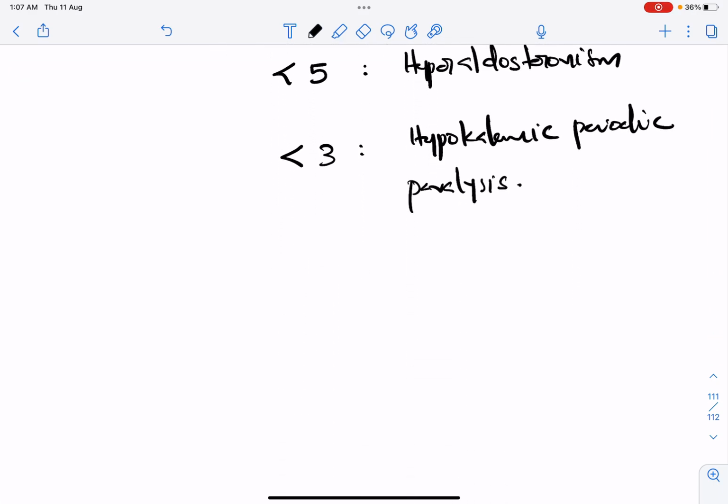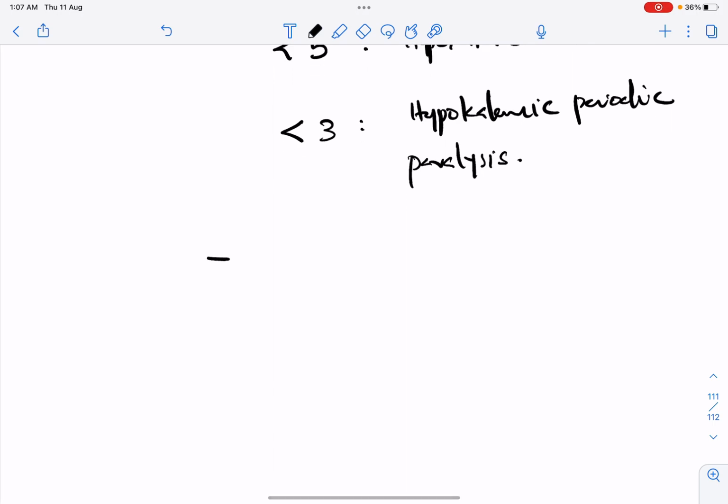Now, if you are not getting any cause for hypokalemia out of these investigations, then you have to go for another investigation, that is the calcium to phosphate ratio.